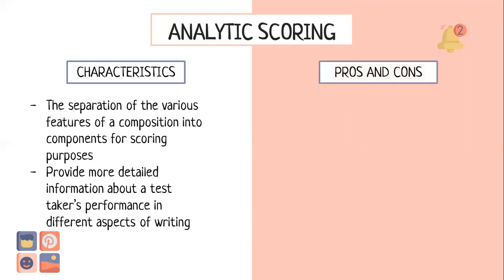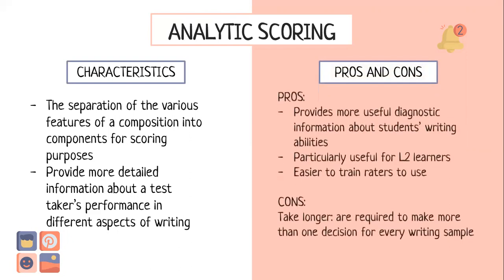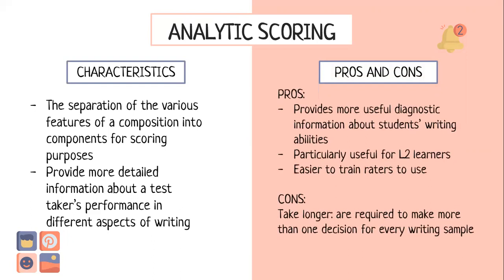About the pros and cons of analytic scoring. The pros: analytic scoring provides more useful diagnostic information about student writing abilities. That is, it provides more information about strengths and weaknesses of students, and thus helps instructors and curriculum developers to tailor instruction more closely to the needs of their students.